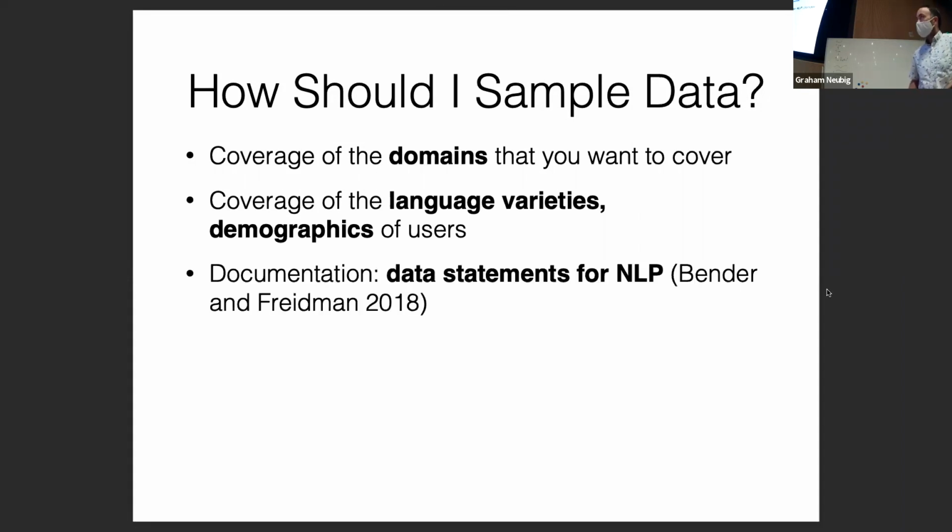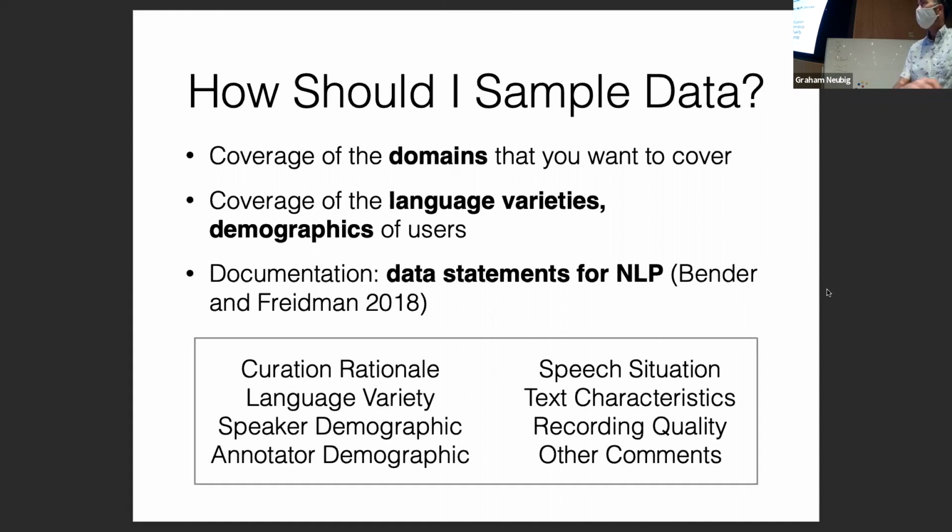There's an excellent paper on this called Data Statements for Natural Language Processing by Bender and Friedman. They give a bunch of guidelines for what you can think about when you create your data set. I actually think these are still insufficient. I think there are other things that you could be documenting in addition to these, but this is a good start.